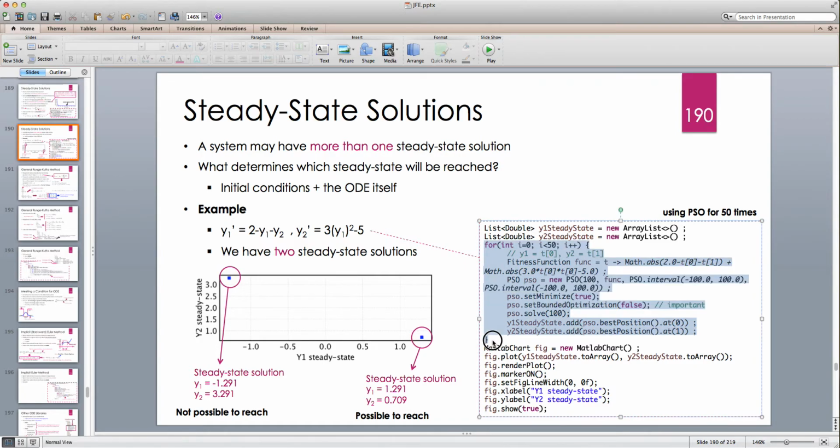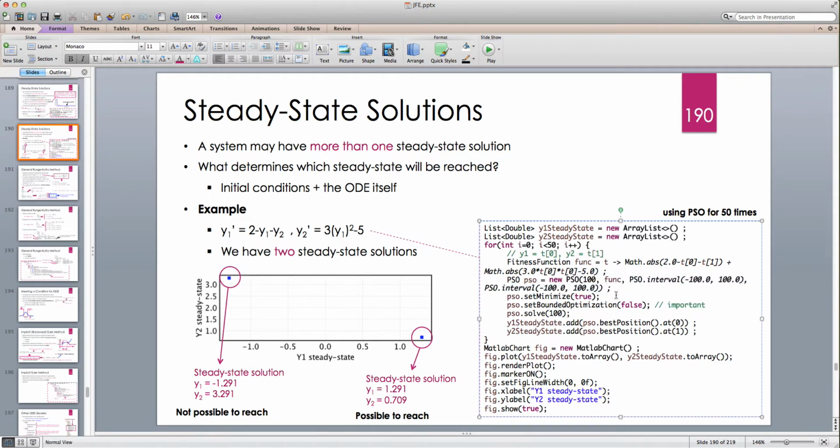The way I'm doing it here in this code, I'm creating a list of double values for y1 steady state, y2 steady state values. I just run the PSO 50 times, right? Now, obviously this is not the best way to search for all the solutions, but what I hope here is that when I run it 50 times, because the start point of the optimization in these intervals is random, it randomly picks a number for initial value of y1 and initial value of y2 in the PSO optimization.